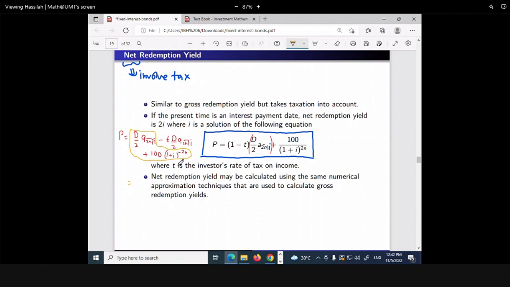Every time we receive payment, there must be tax. So let's say the payment date is given in 3 years, so we have to calculate the tax in 3 years.